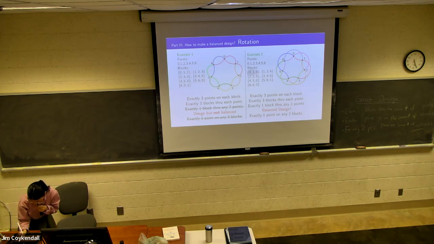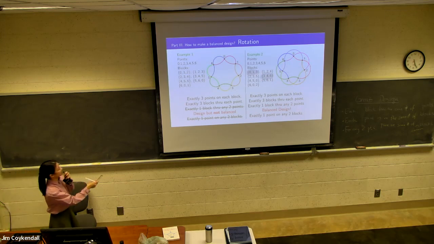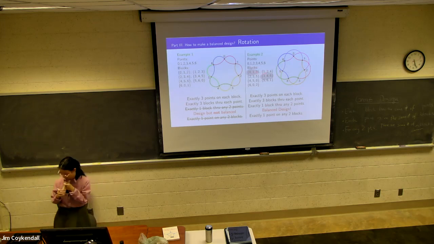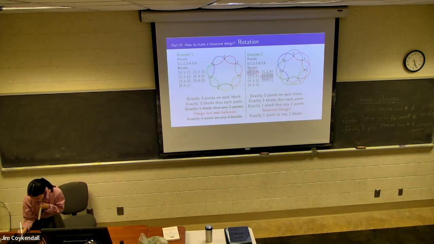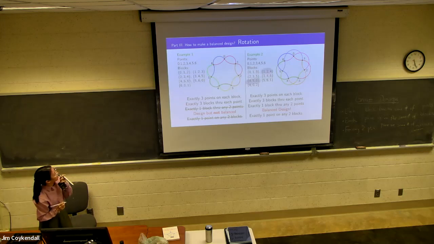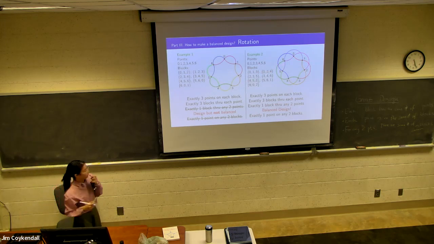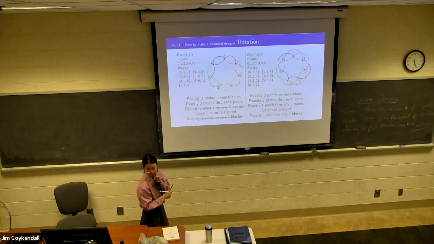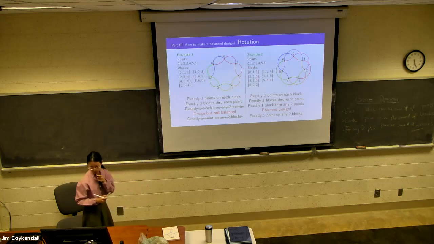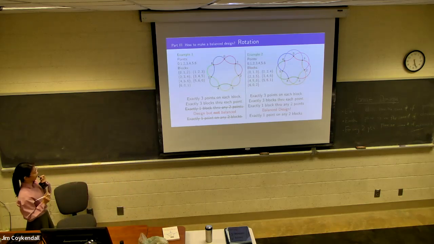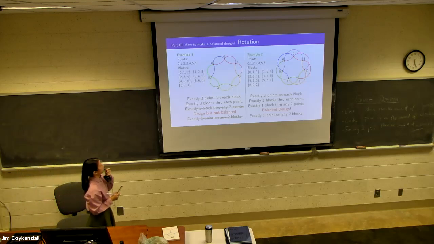Just pick any two blocks. Like here, the common one will be 3. And then if you take another one, the common one will be 4. You can pick whatever you like. You don't have to tell me which two you choose. Just pick two of them and check whether there is one and only one common point.